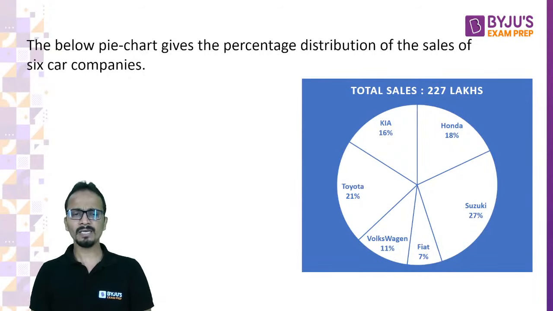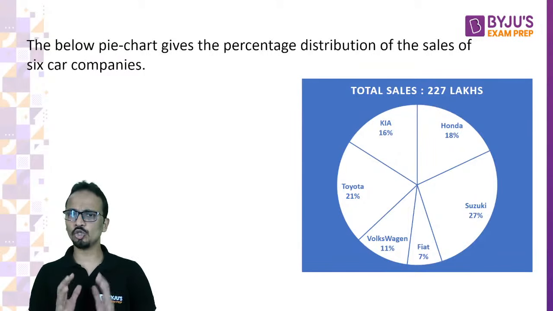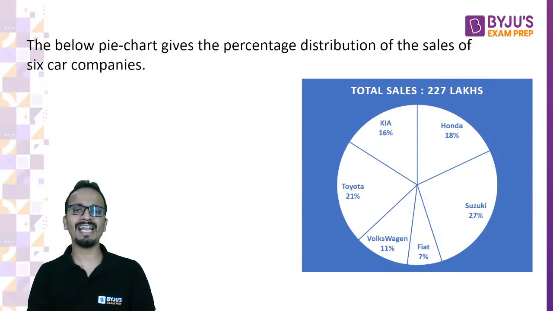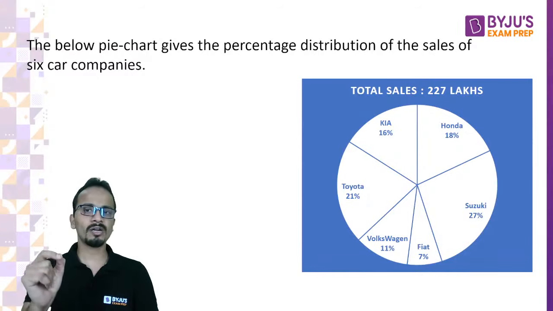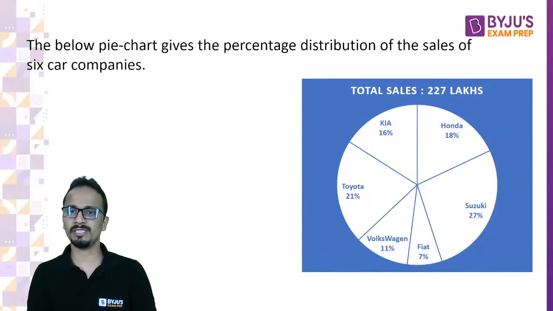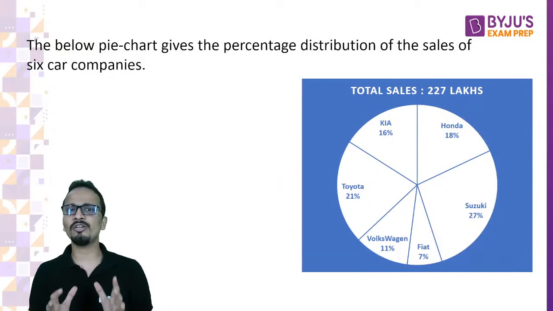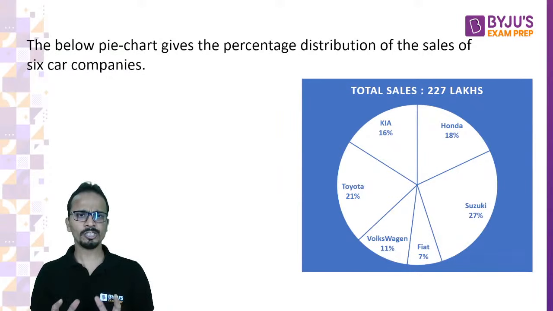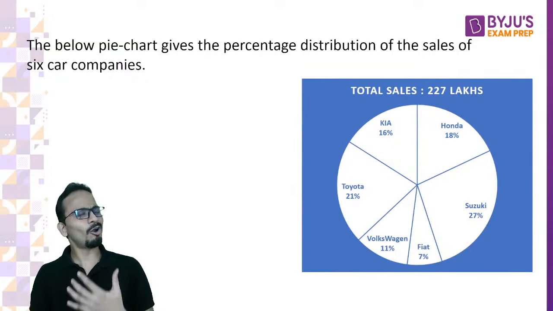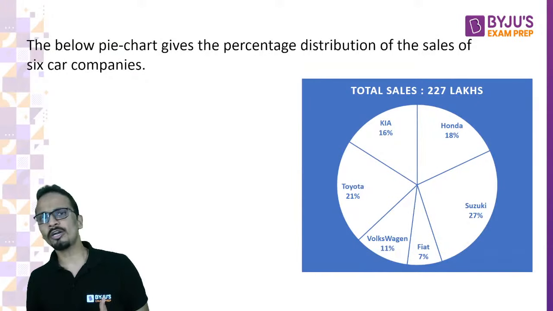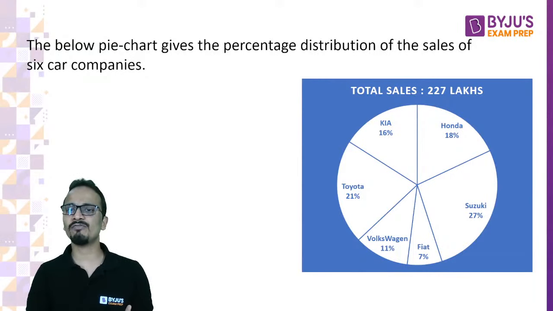Now friends, in this question we'll understand that there is no need to do a lot of calculations. There is no need to find the respective values of the sales for all these 6 car companies. So we can reduce the amount of calculations that we are doing. In a lot of questions, it is not required to find the complete values for these car companies.